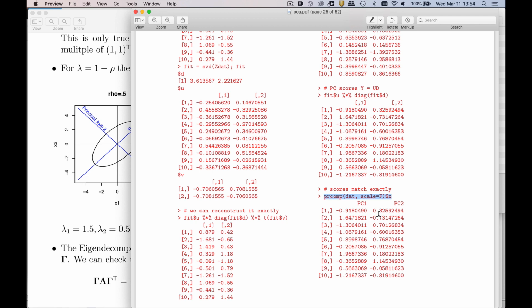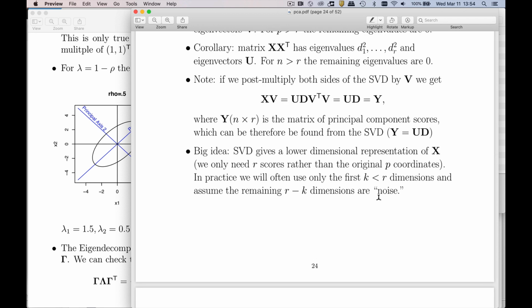All right, so what you should take away from this is the big idea that the singular value decomposition is going to help us find a lower dimensional representation of a matrix in an optimal way, optimal in the sense of principal components analysis.